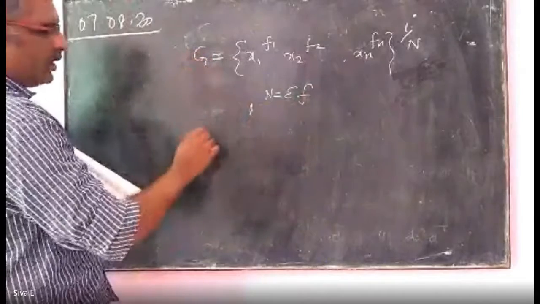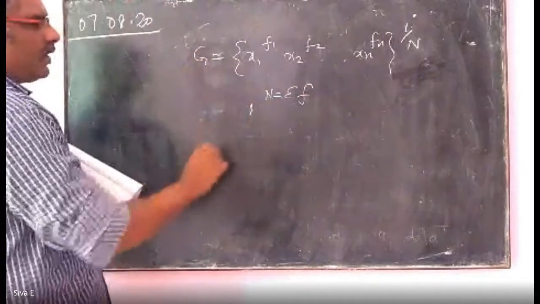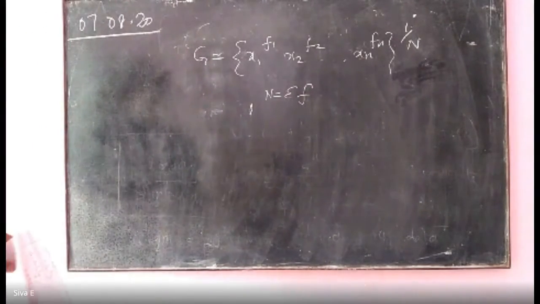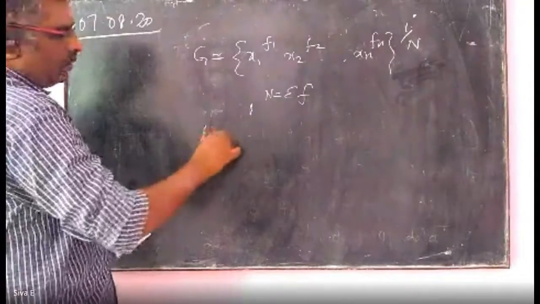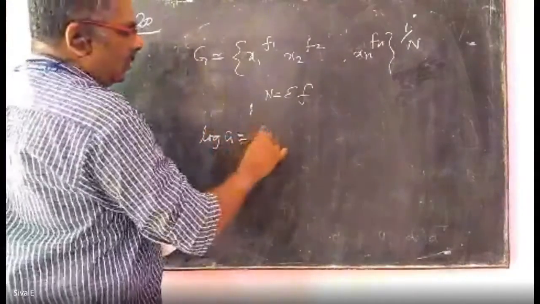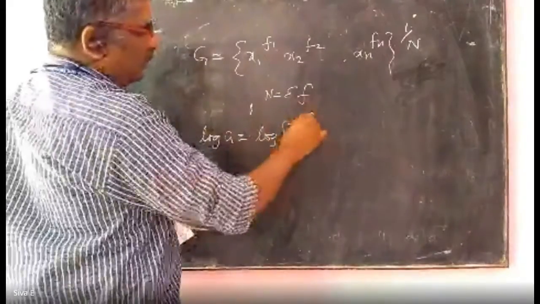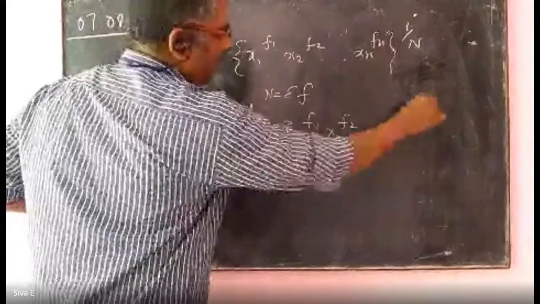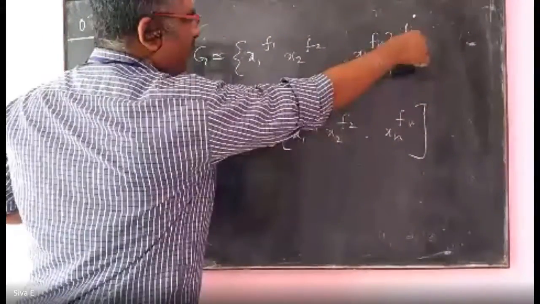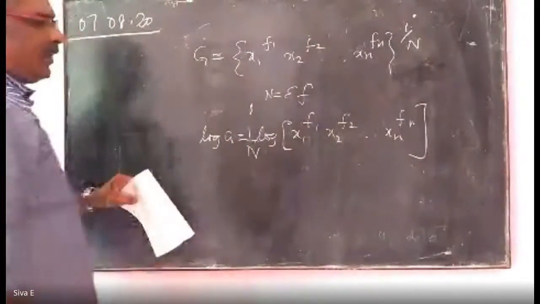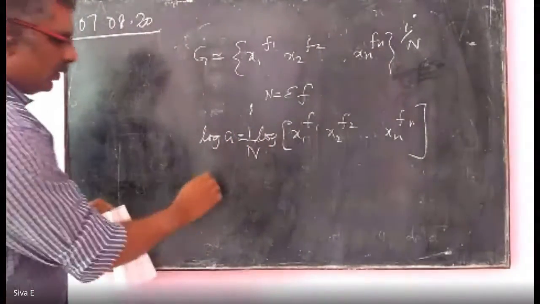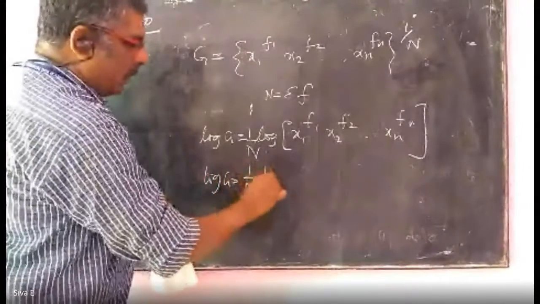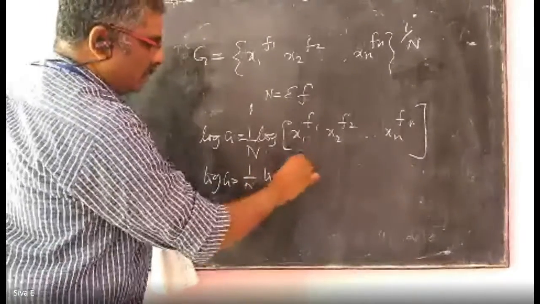So here, if you are taking log on both sides, then you will get log G equal to log of (x1 power f1, x2 power f2, ... xn power fn), that whole power 1 by N. We can write here 1 by N. So log G equal to 1 by N log x1 f1, using the same formula.